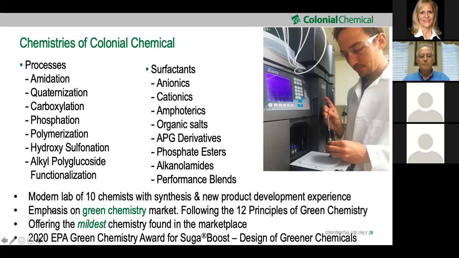We feel that we have the mildest chemistry found in the marketplace. We have data to prove that. So at the end of the talk, if you haven't seen some of this data and you'd like to contact me, please do. And as Chris mentioned, we were very blessed to receive the EPA Green Chemistry Award for our Sugar Boost chemistry, and that was in the category of the design of greener chemicals.